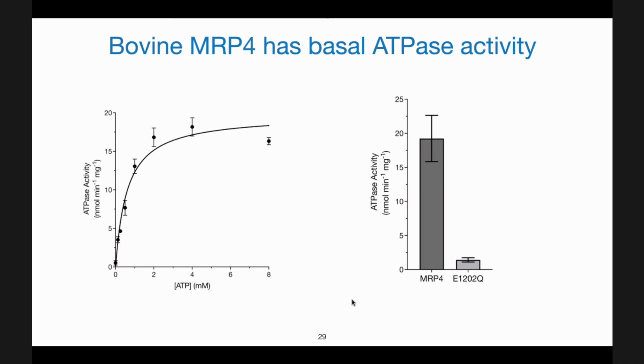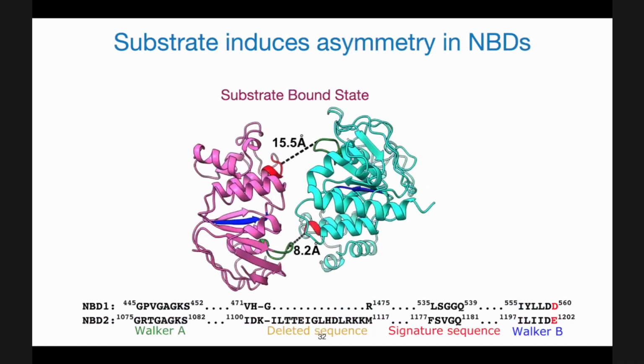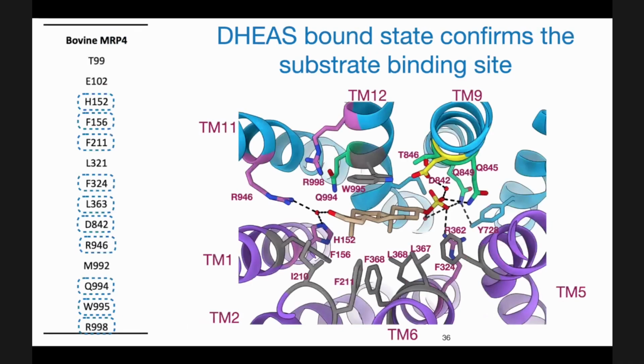Can you give an example of an application of the MRP4 work? Will it allow development of new medicine? Yeah, so now we have got structures and we can go toward structure-based drug design. We have also got the substrate binding sites here, and surely we can screen different libraries for compounds which bind more tightly or with higher binding scores, and we can try those in experiments to see if they are real inhibitors.